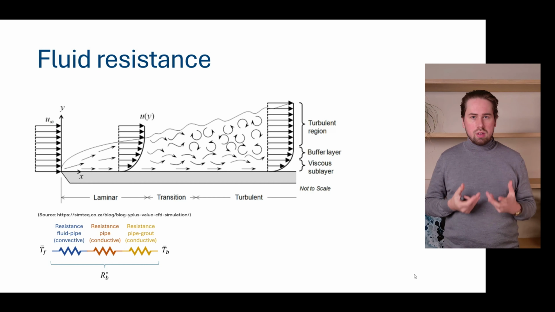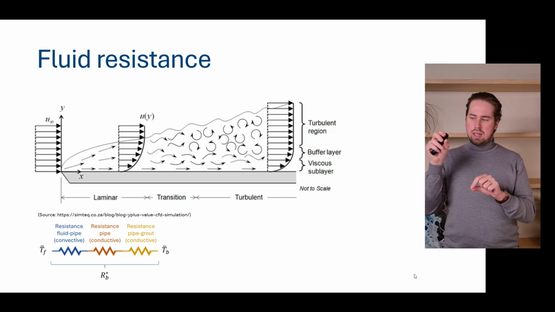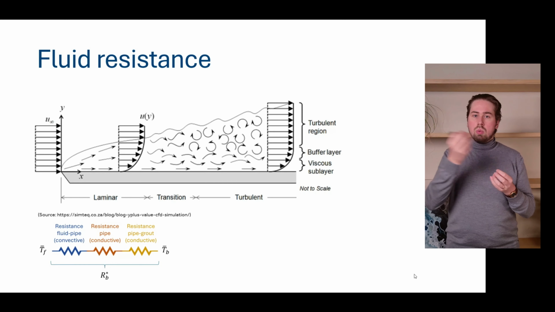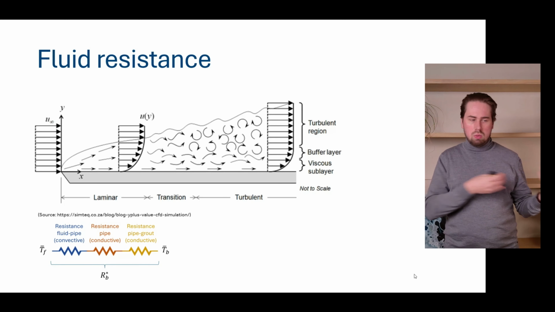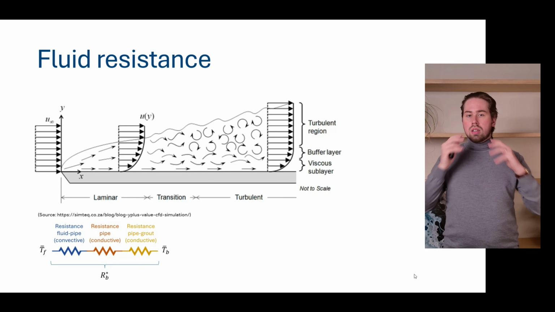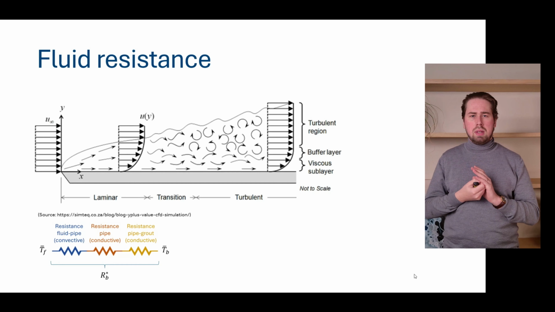Whereas in the turbulent behavior, if we have a higher flow rate, our droplets are mixing, and every droplet that contains a certain amount of thermal energy will touch the borehole wall at one time or another, so it's easier to transfer heat. So for the fluid resistance, we typically want a turbulent behavior.